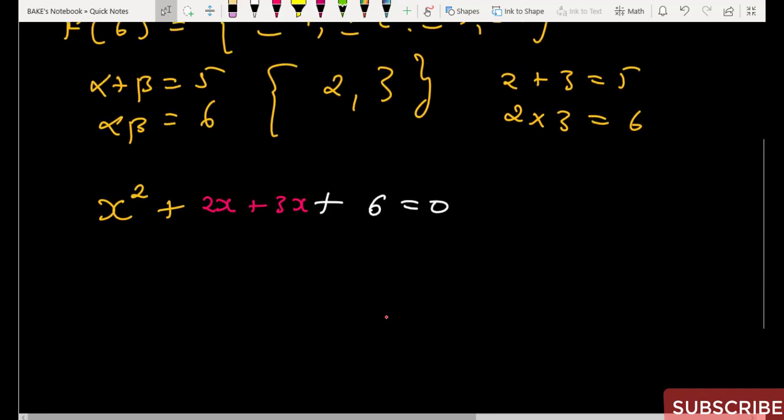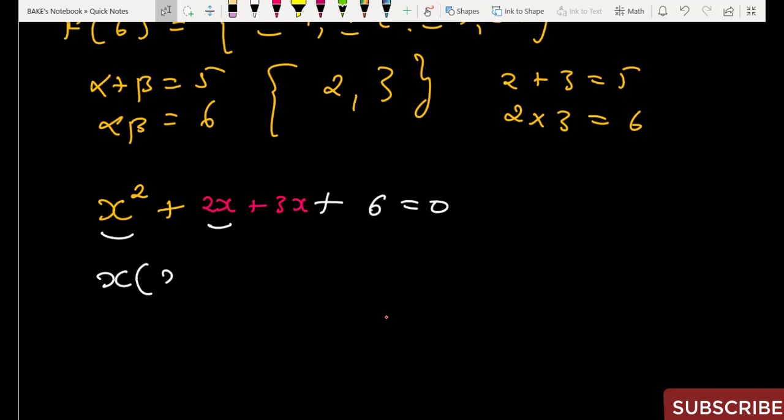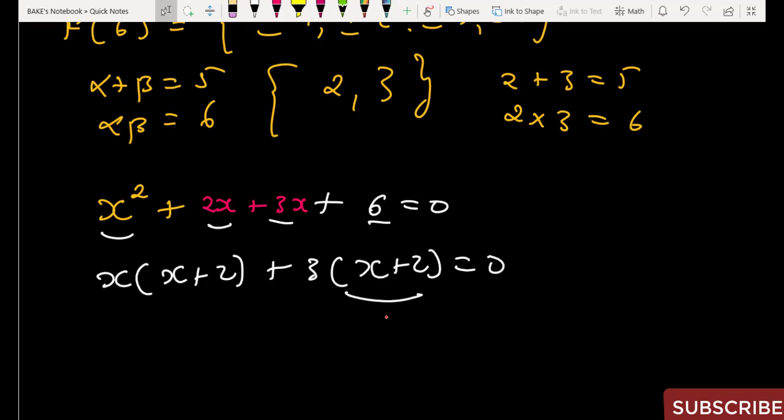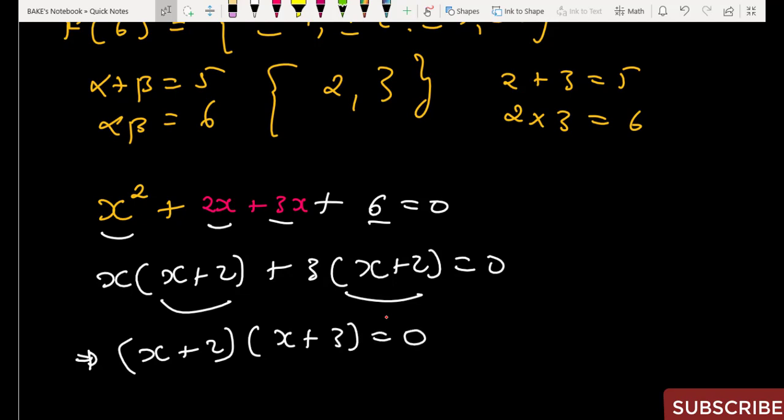And so factorizing, we get that here we have x that is common on both sides, so I have x into x plus 2, plus here we have 3 that is common, since 6 is a multiple of 3, so we are going to have 3 into x plus 2 equal to 0. And so this expression x plus 2 is common, so we can factor it out. So this means we have x plus 2 into what will be left, it's x plus 3 equal to 0.